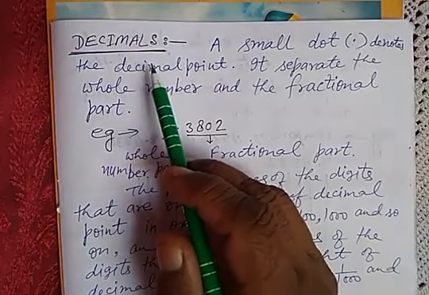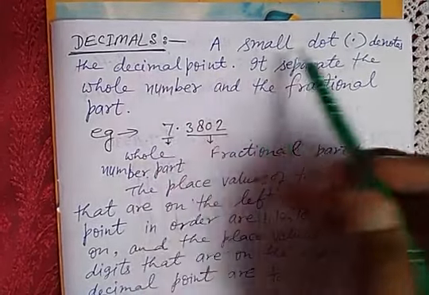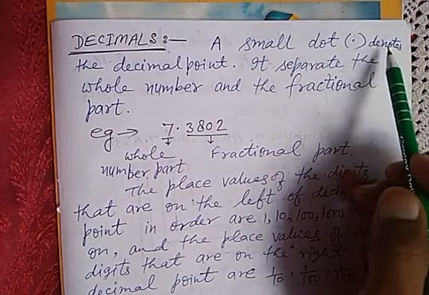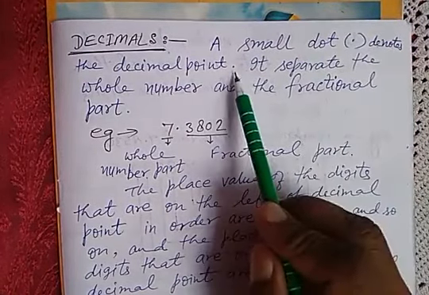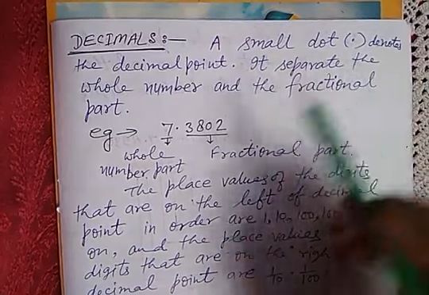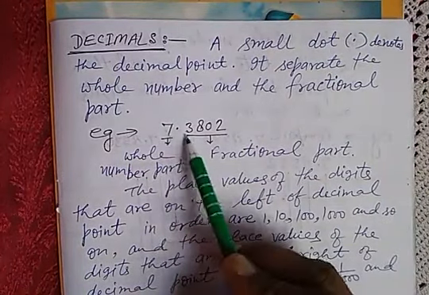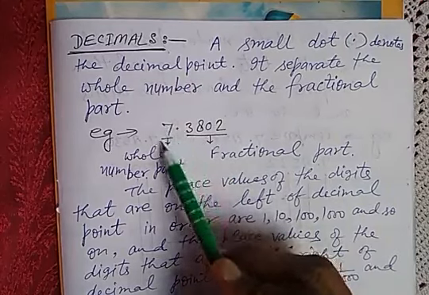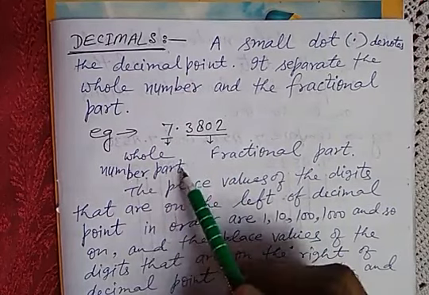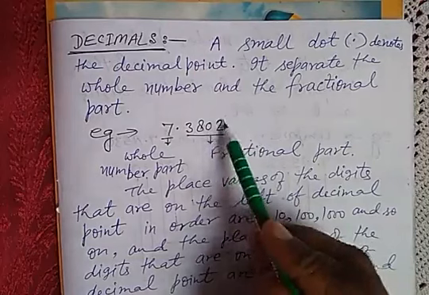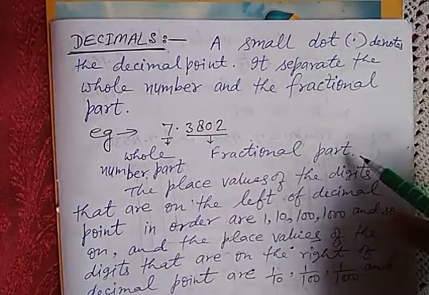Our next topic is decimals. A small dot denotes the decimal point. It separates the whole number and the fractional part. For example, 7.3802 here. 7 is the whole number part, and this is the fractional part.